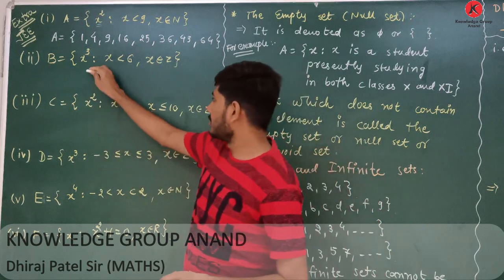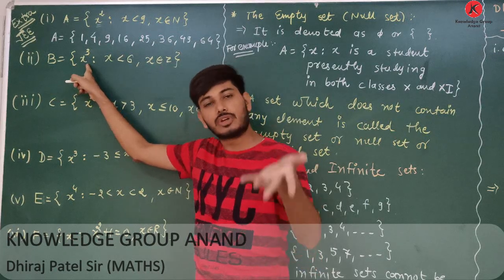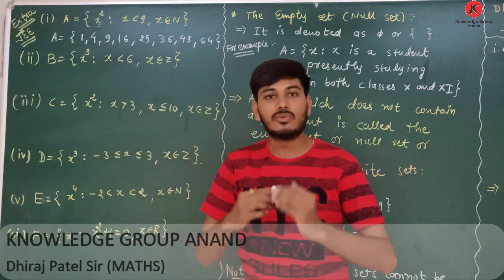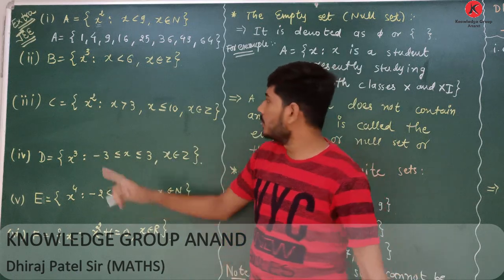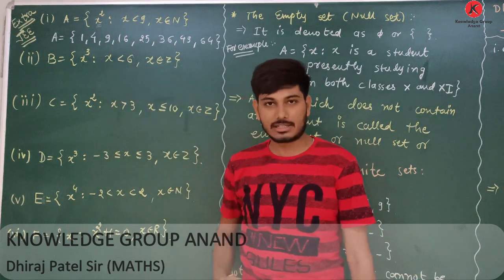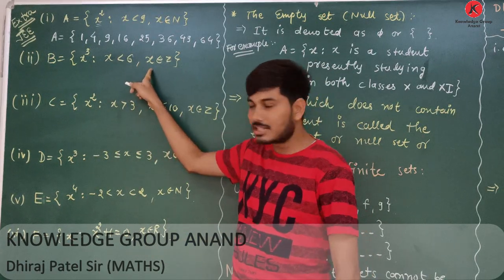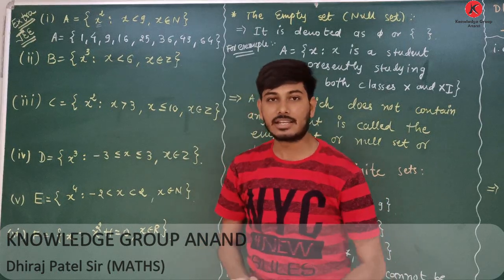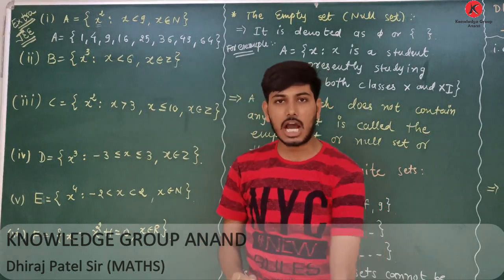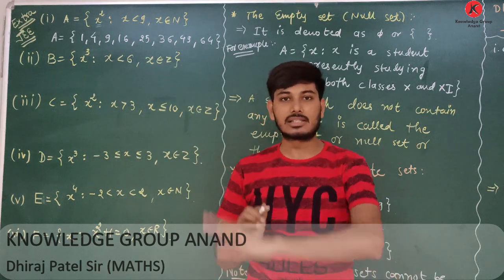For this type of question, you can't find x cube directly. First of all, you have to decide the value of x by using these two conditions: x is an integer as well as x is less than 6. That means list out all integers which are less than 6.